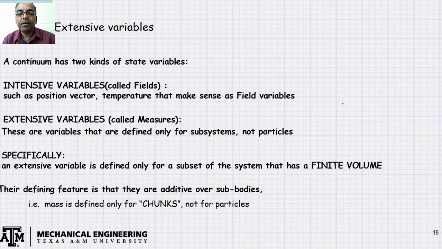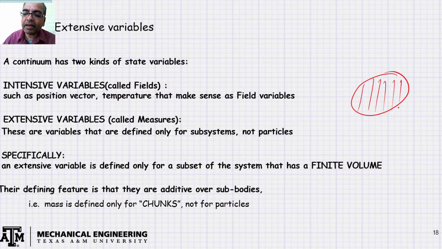So now we come into the fact that a continuum has two kinds of state variables. Intensive variables, also called fields, position vector, temperature, that make sense as field variables. Extensive variables, technical name for them is measure. They are variables that are defined only for subsystems and not particles. What I mean by that is, if you take a whole body, I can talk about mass of a body. I can talk about mass of any chunk of the body.